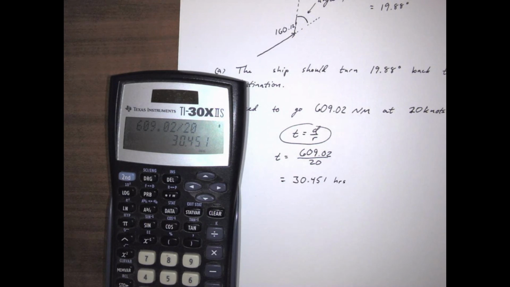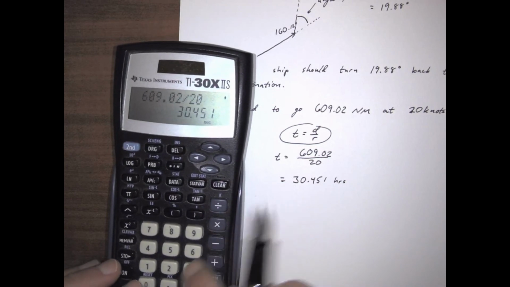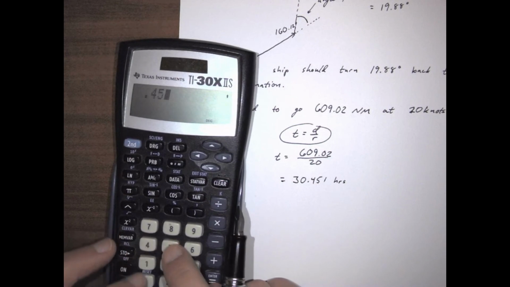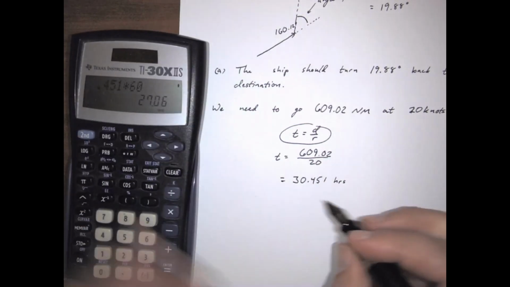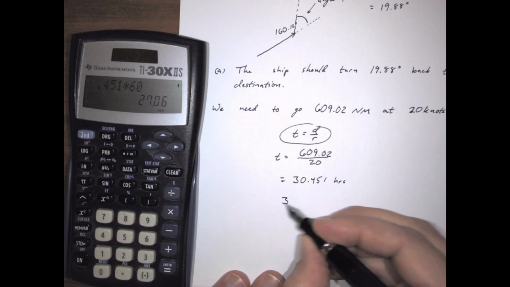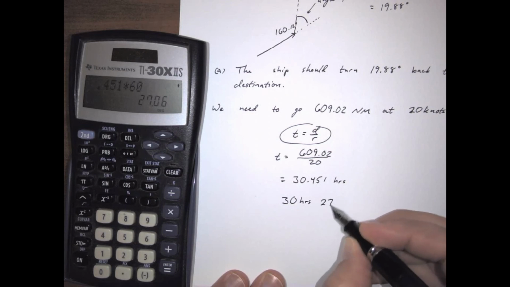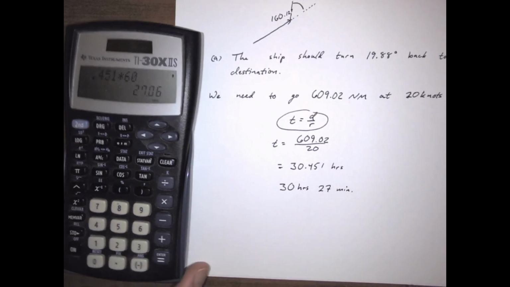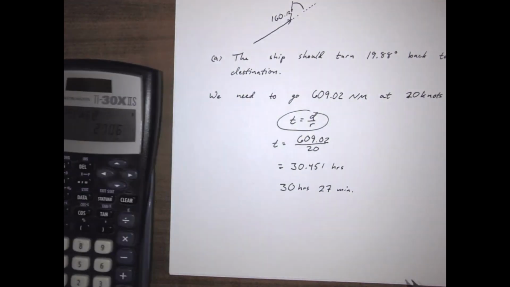And if we wanted to convert that to hours and minutes, we would take just the fraction part of that, so the 0.451 times 60, and that would be 30 hours, 27 minutes, plus a little bit of extra, which we could even figure out in seconds if we wanted.